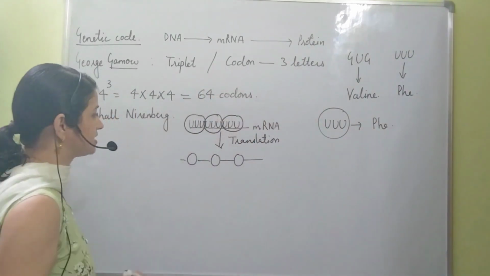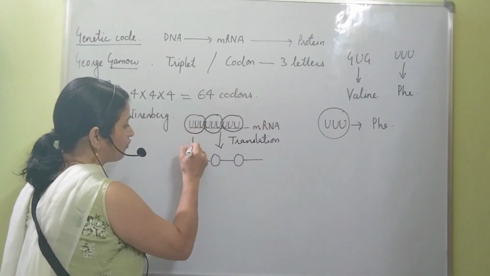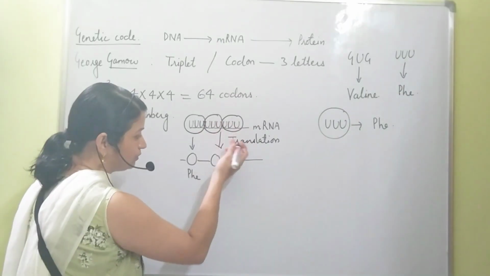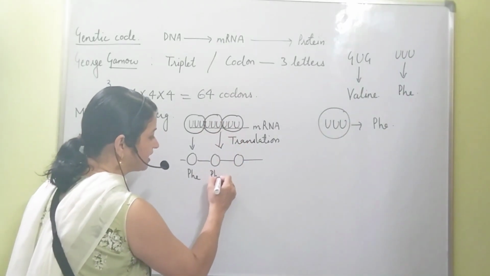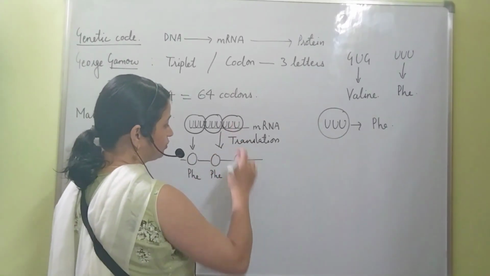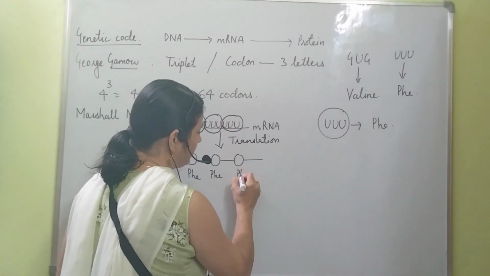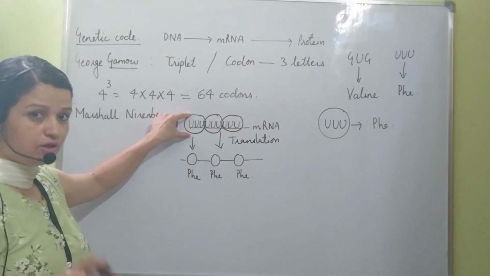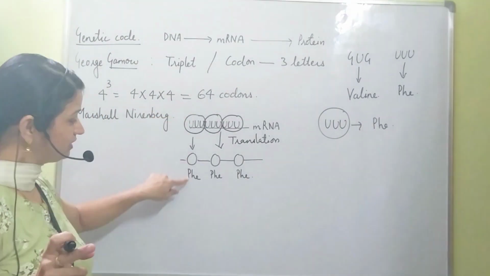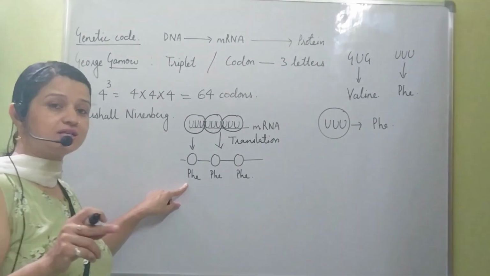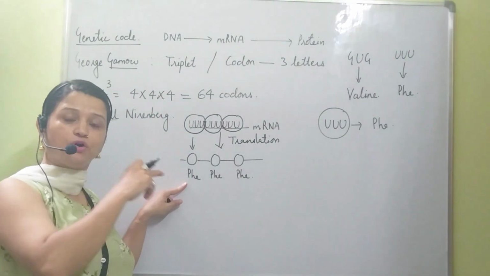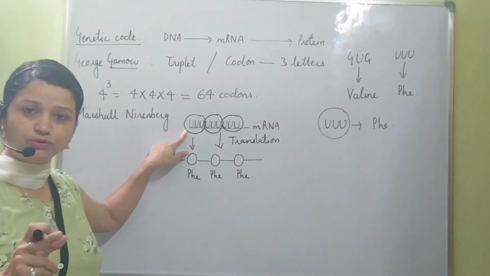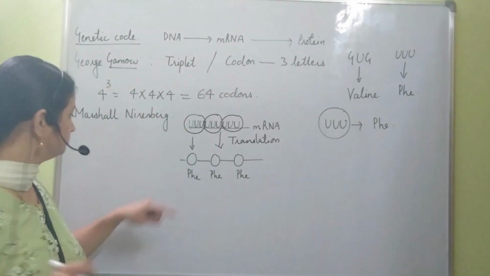So here we can see UUU codes for the amino acid phenylalanine. Similarly, the next codon UUU also codes for phenylalanine, and the third codon also codes for phenylalanine. So he saw that the codon UUU codes for this amino acid, and this is the first genetic codon that was cracked. The first codon cracked was UUU.